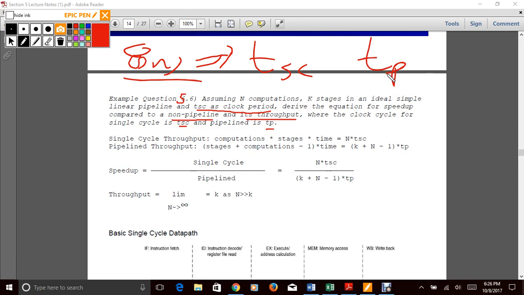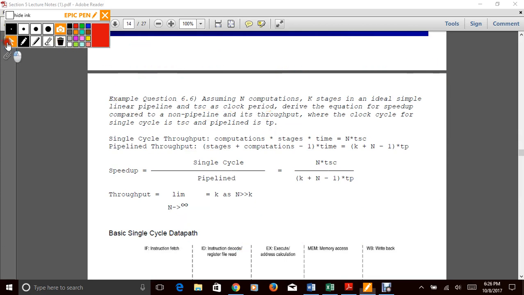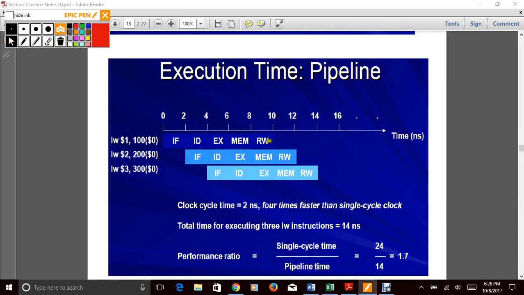So in the pipeline, the entire instruction takes T of P, T of P, T of P, T of P. So in that case, remember the previous example, that was 2 nanoseconds, right? So what we ended up getting was it took 10 nanoseconds to do each instruction. However, because we're overlapping them, it only took 14 total.